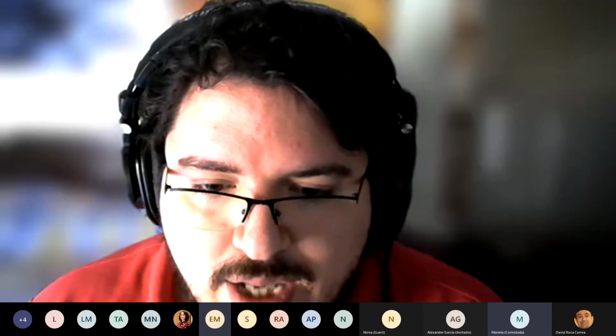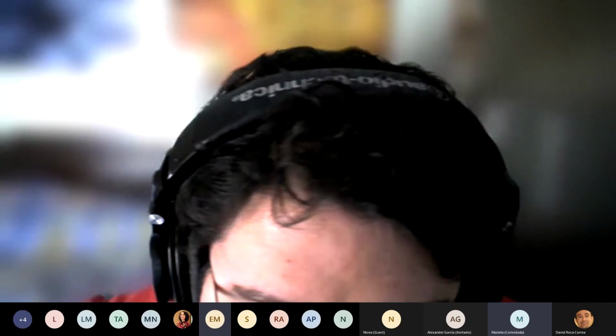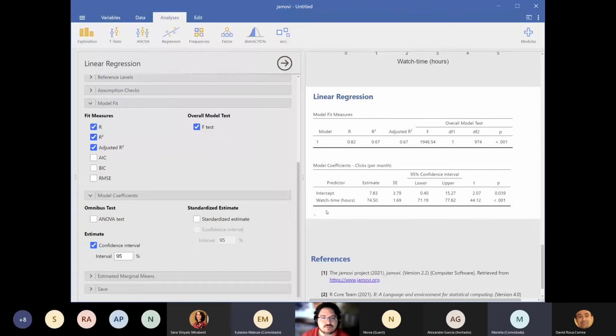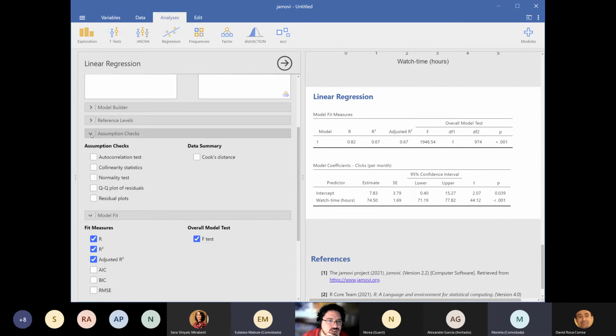So if we go back to Jamovi, here we have the assumption checks. Okay, so now the one that we are going to do is the autocorrelation test.